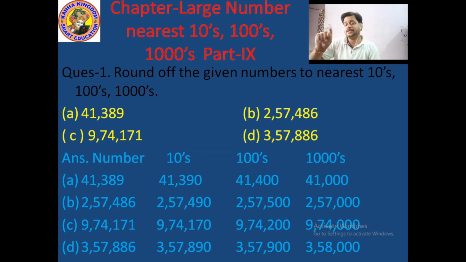As you know the ones digit is less than 5, so you convert the ones digit into 0 and the tens digit remains the same. Which digit in tens place? 7. So 7 remains 7. Means the nearest 10 of this number is 9,74,170.